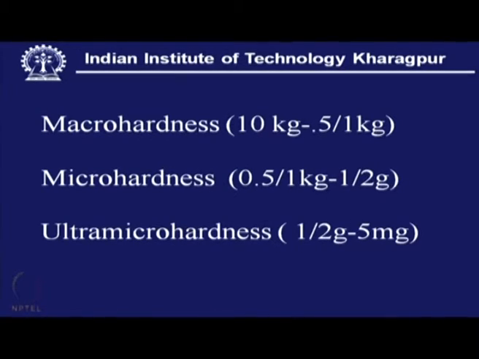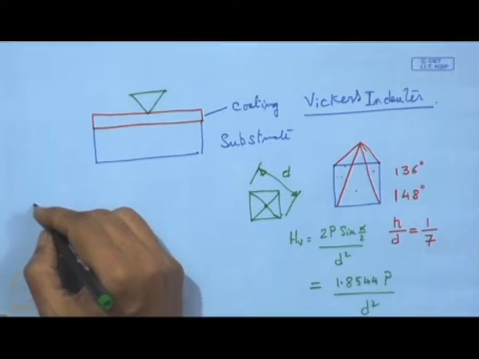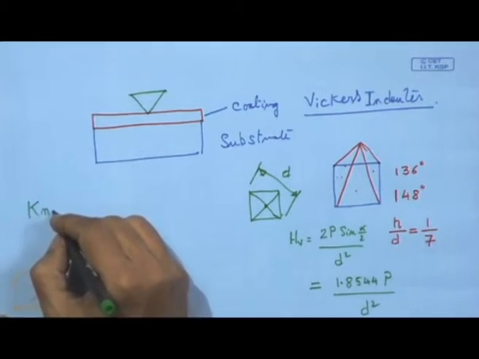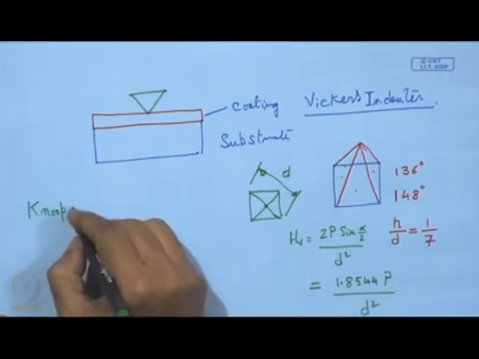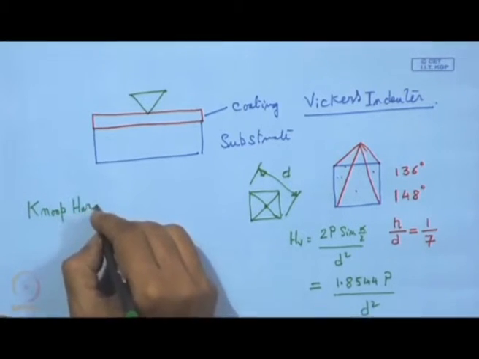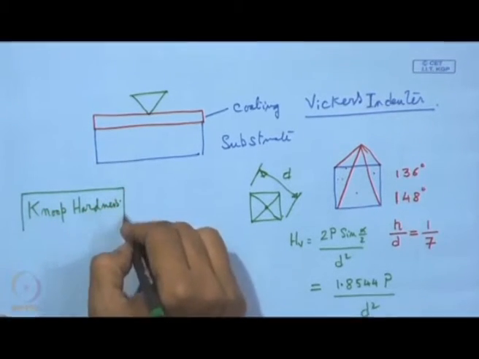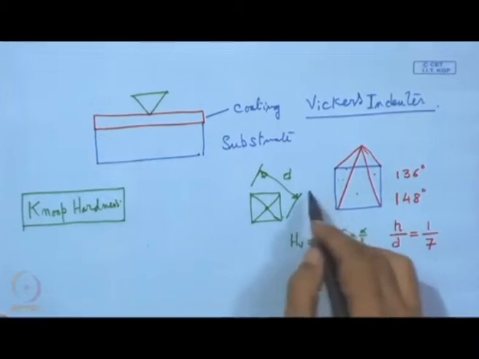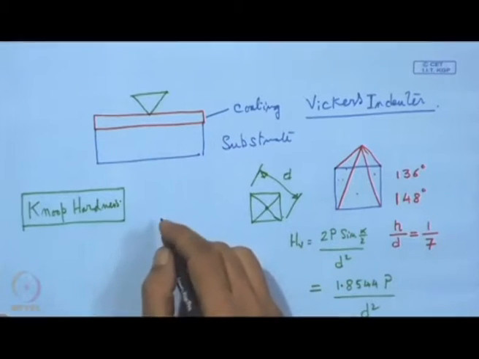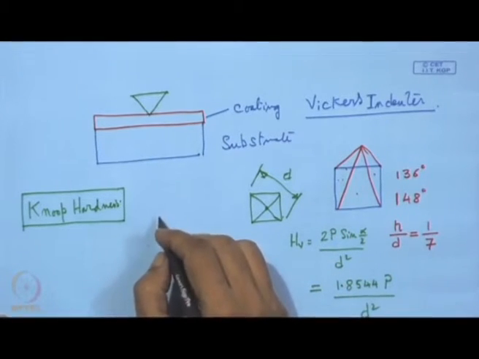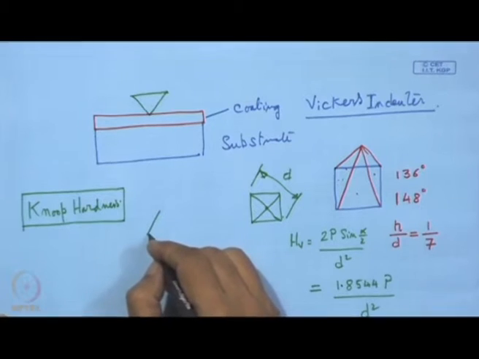In addition to this Vickers indenter, we have also what we call Knoop hardness. So, in this case, instead of this square base pyramid, what is taken in this case is going to be a rhomboidal shape.